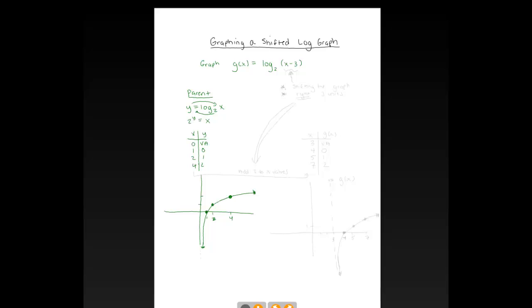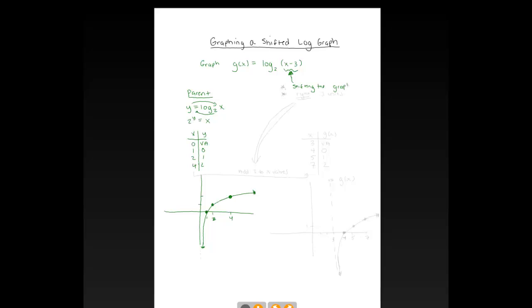So what's that minus 3 after the x going to do to this parent graph? Well, as you're going to see in future videos, and what you've already seen, I think, last year, that x minus 3 has the effect of shifting the graph.